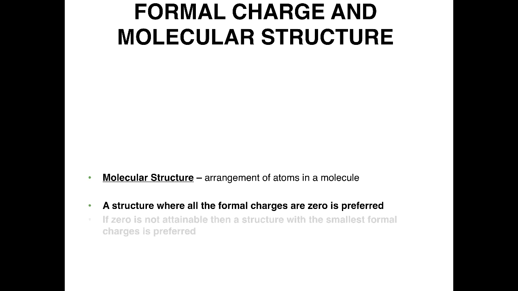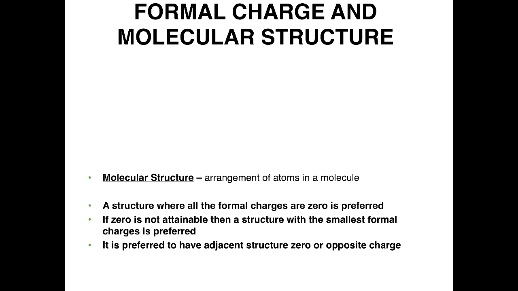The molecular structure will arrange itself in such a way as to take into account these formal charges. A structure where all the formal charges are 0 is preferred. If that is not attainable, then the structure with the smallest formal charges is preferred.